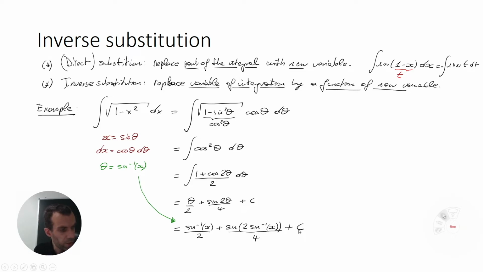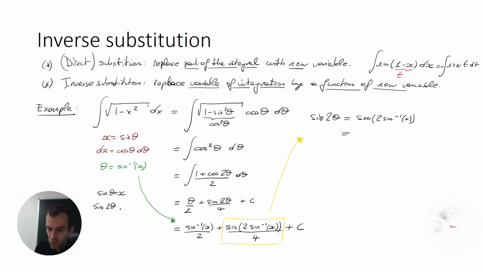And now there's one last simplification that we can make. We have that sine of 2 times sine inverse, so that we can simplify as well. So let's do that on the side. Sine 2 theta equals sine 2 times sine inverse x. That's what we want to simplify. So we already know that sine theta is x.